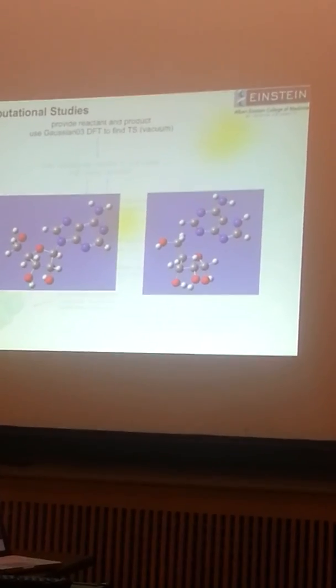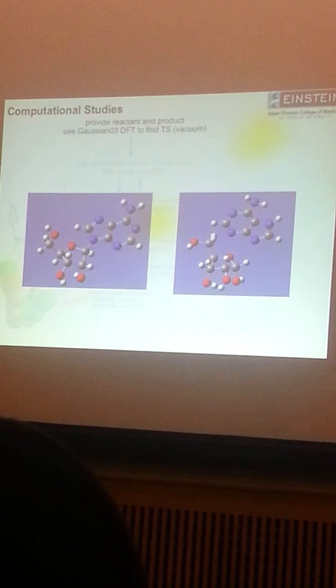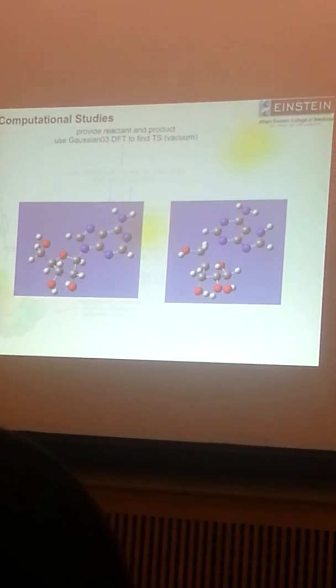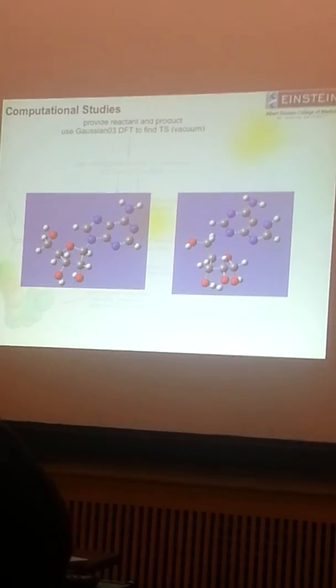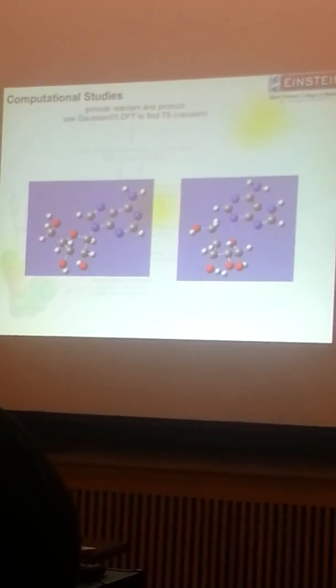And so when we do the computational study, we're trying to draw the transition state structure with different bond lengths of the CN bond. And so it will give you the energy of this transition state structure. And if you look at all the energies, you will find the center point from the reactant to the product.